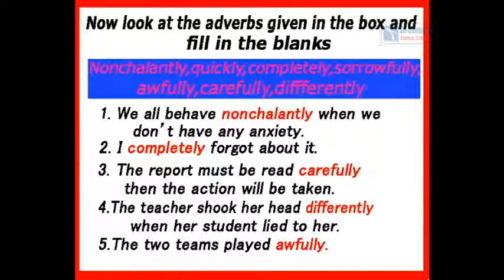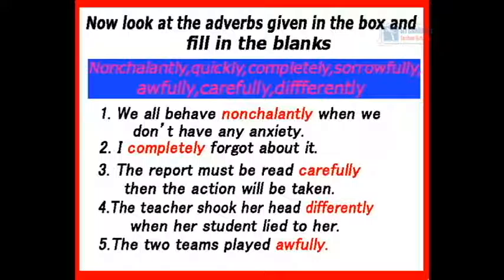Now look at the adverbs given in the box and fill in the blanks. Nonchalantly, quickly, completely, sorrowfully, awfully, carefully, differently. We all behave nonchalantly when we don't have any anxiety. Nonchalantly means relaxed condition.